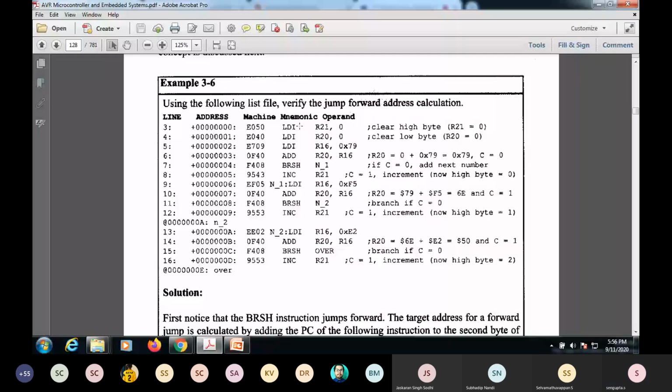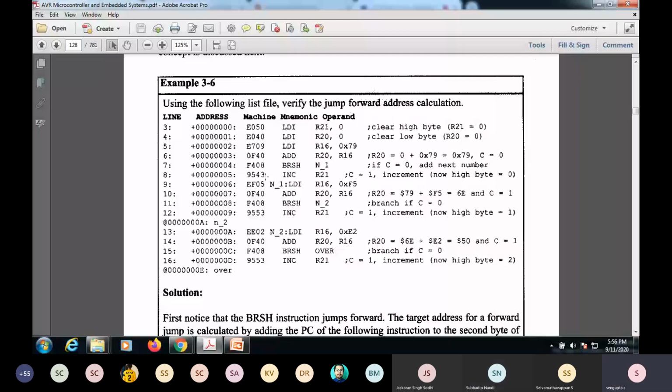But there you see INC R21. Here is 9543 and here is 9553. Why is that different? No, but here you have this increment now.